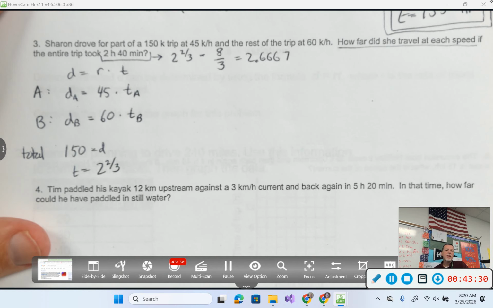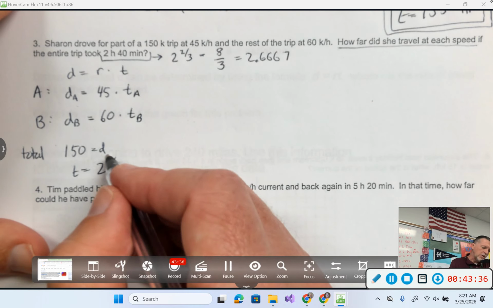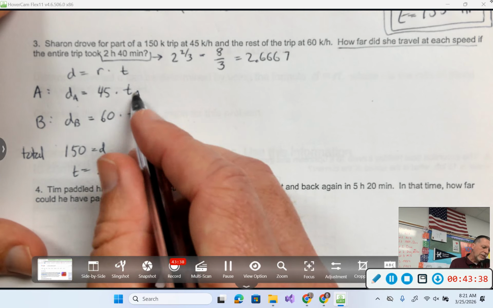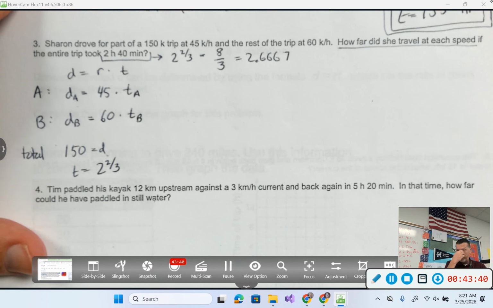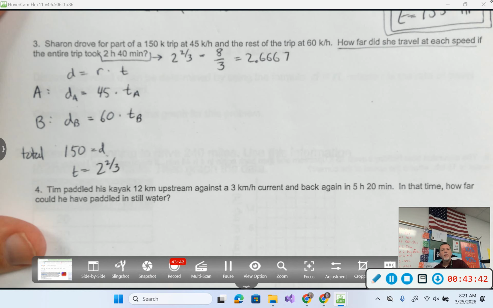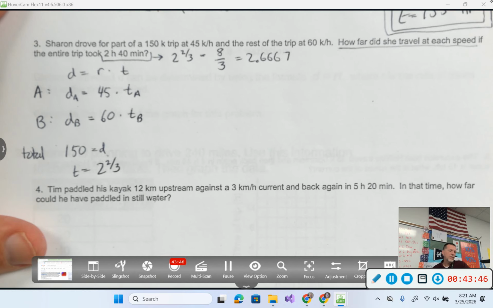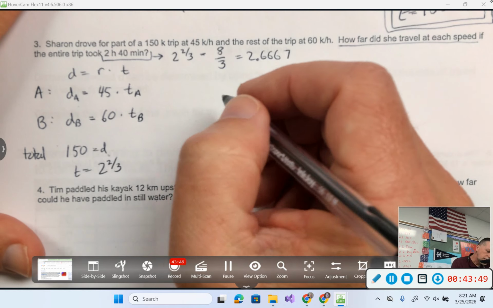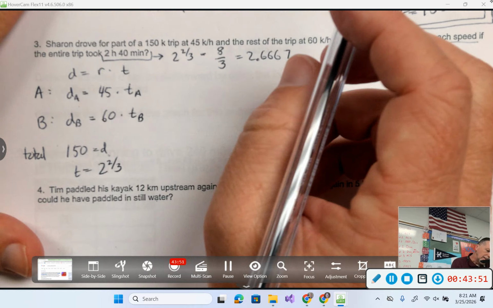So let's see. I think the two distances will add up to one. Yeah, I don't like this one. The two distances will add up to 150, and the two times will add up to 2 2/3. Is there a better way to do this? Let's see.